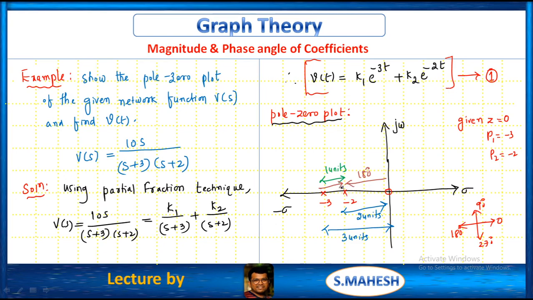Directed in the opposite sense to phi 02 means what is the angle phi 32? It is opposite to 180 degrees, so 180 minus 180 is 0. At this point the angle is 0 degrees.